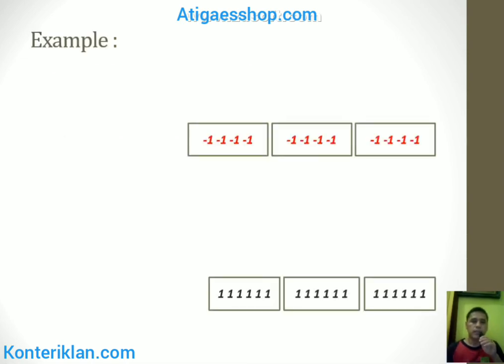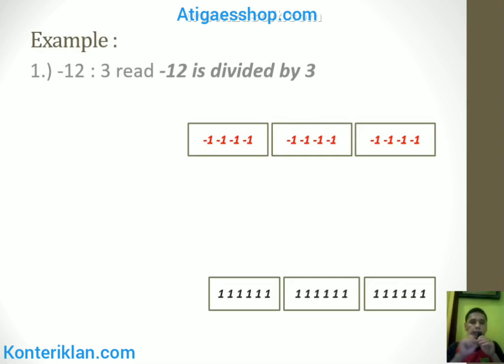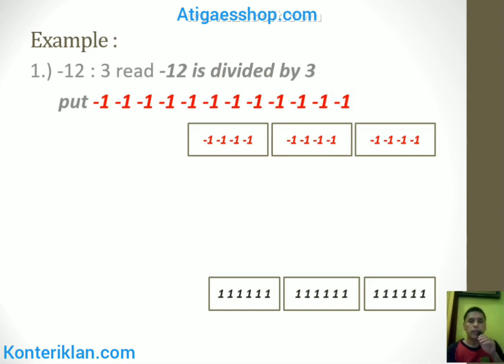So this is the example. Number 1, negative 12 is divided by 3. Read, negative 12 is divided by 3. Put negative 1 as many as 12 times. After that you can divide them into the same number, the same total.